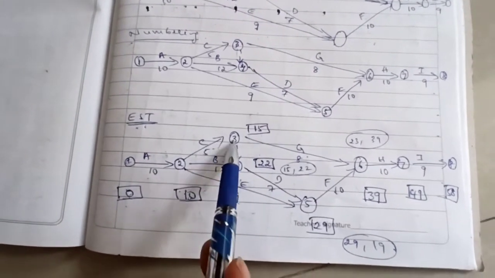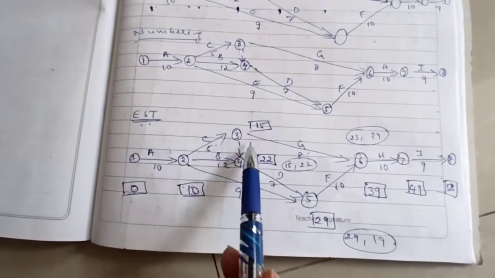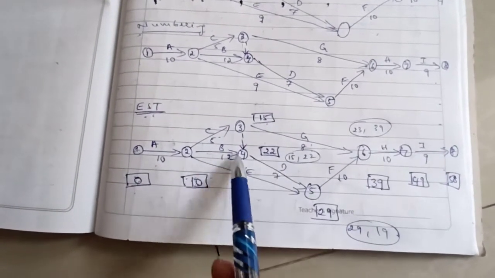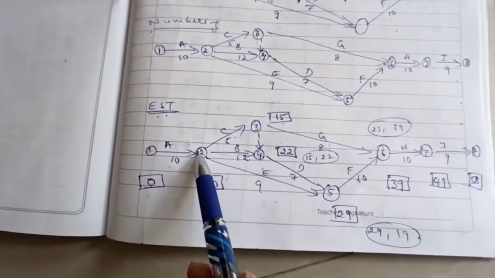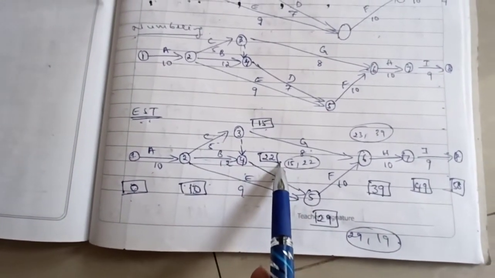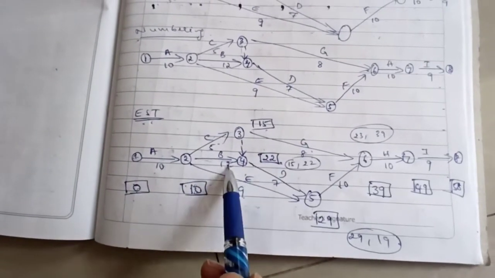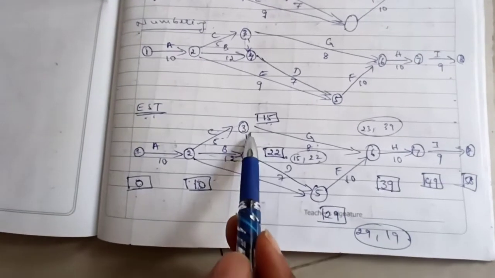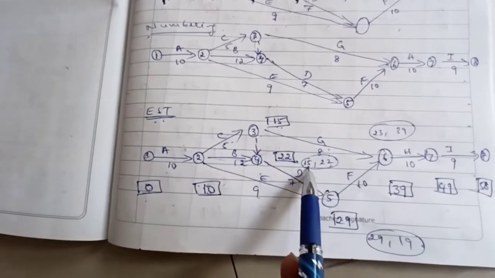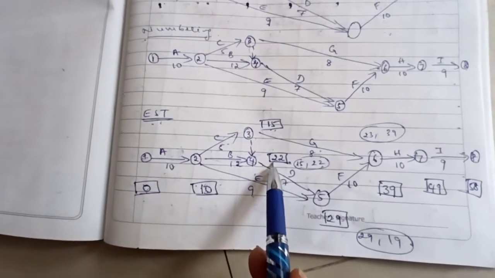Then for C, it is 10 plus 5, 15. While writing for B, we need to consider two ways: one is A, B and the other is A, C and this way. If I consider this, it is 10 plus 12, 22. If I consider this, it is 15, and anyhow the duration of this dummy activity is 0, so 15. In this the maximum is 22, so I'll write 22 here.